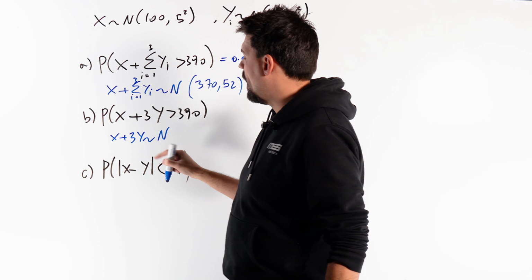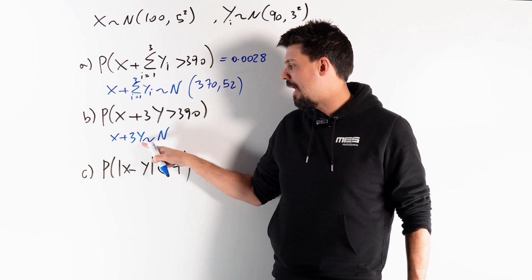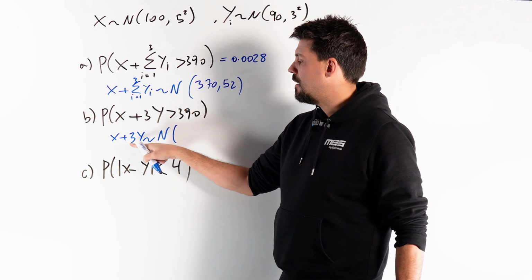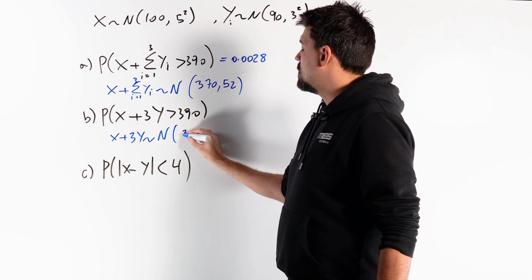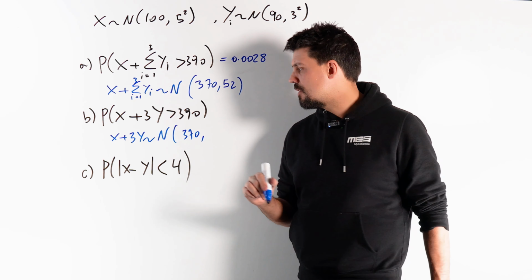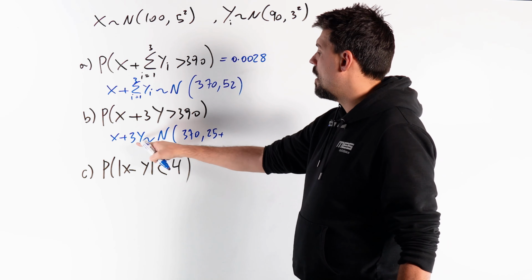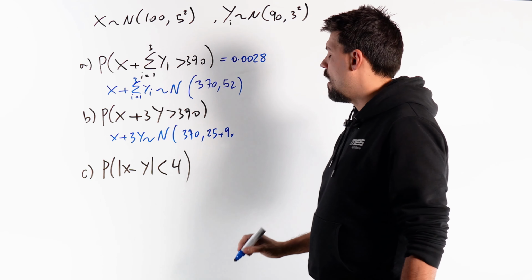Now, conversely, this seems similar but isn't quite. This is a single value of X plus 3 times a singular value of Y, which is very different. So the mean of 3Y will be 3 times 90, plus the mean of X, that will still be 370, so that's okay. The variance, on the other hand, will become the variance of X plus 3 squared times the variance of Y, so 9.